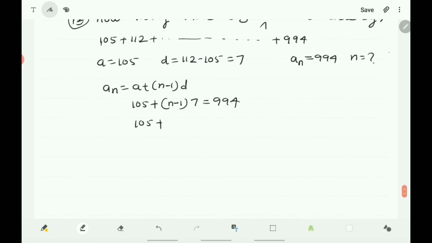105 plus 7n minus 7. Multiply this 7 by n, that is 7n, minus 1 into 7 is minus 7.